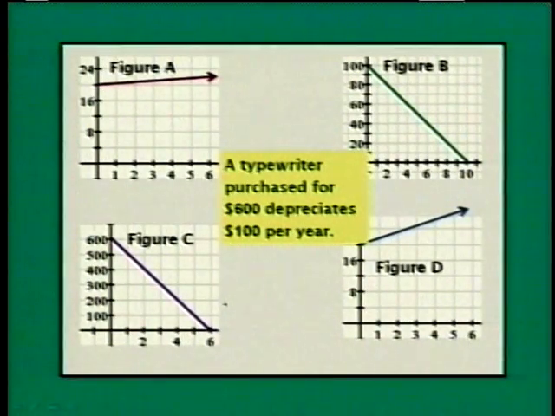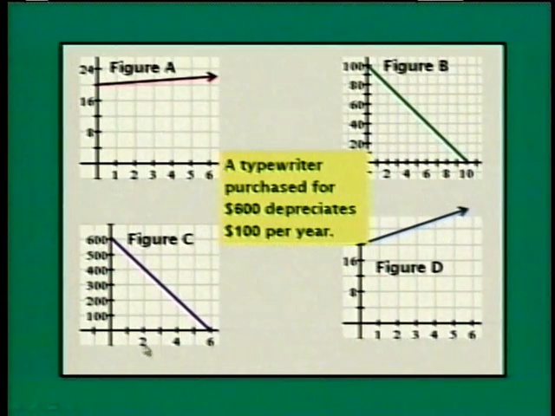So let's go back to our graphs and think about the first verbal description. It says a typewriter purchased for $600 depreciates $100 per year. So it looks like the value of the typewriter depends on the time in years. So we can think of the value of the typewriter being on our vertical axis. We're looking for a vertical intercept of (0, 600).